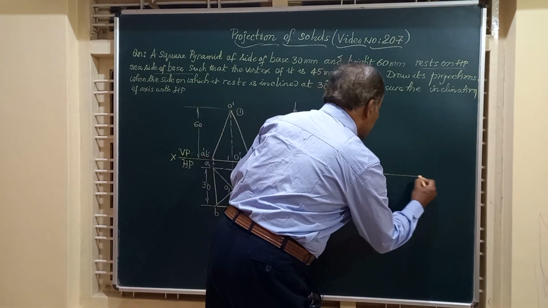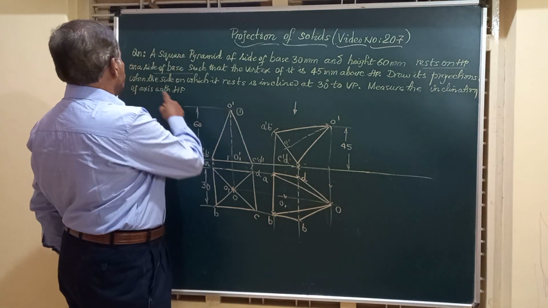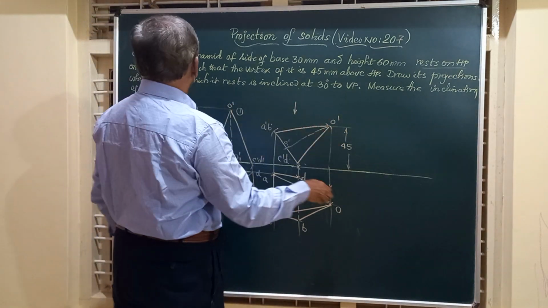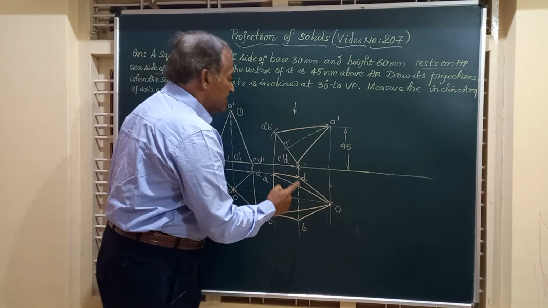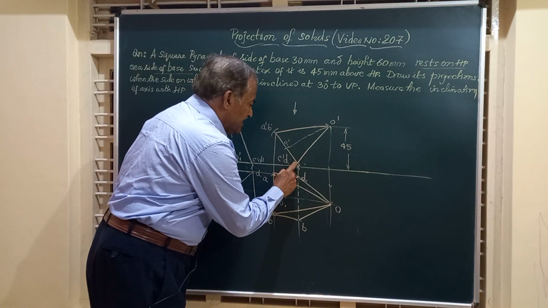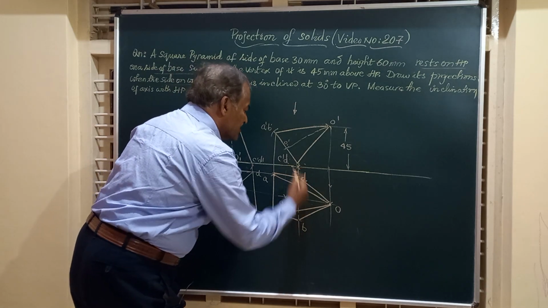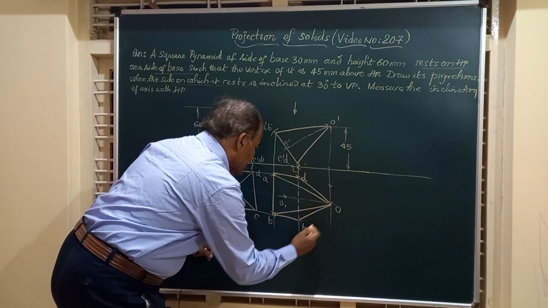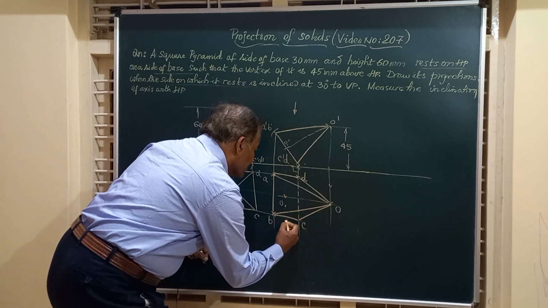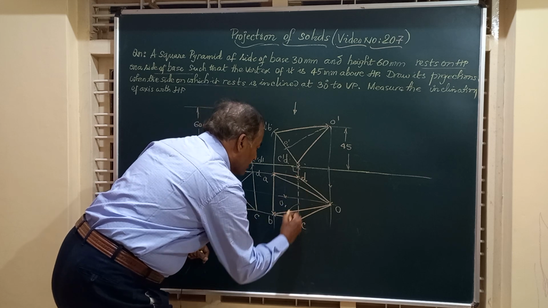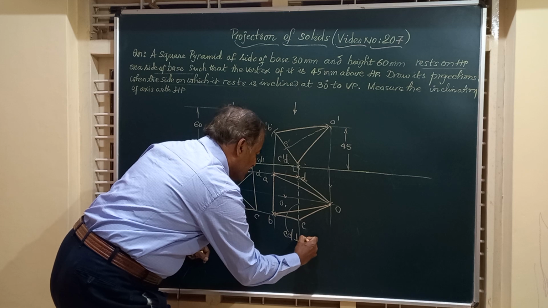Friends, finally, let's see the last part of the question. He says, draw the projections when the side on which it is resting, side CD, is normal to VP. I'll write down here, CD is normal to VP, CD perpendicular to VP.